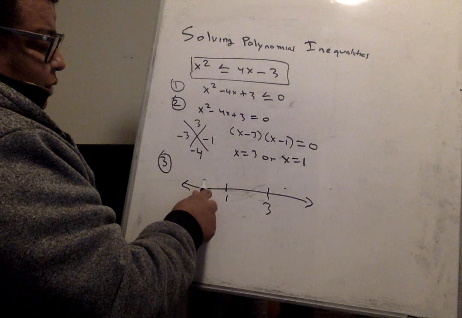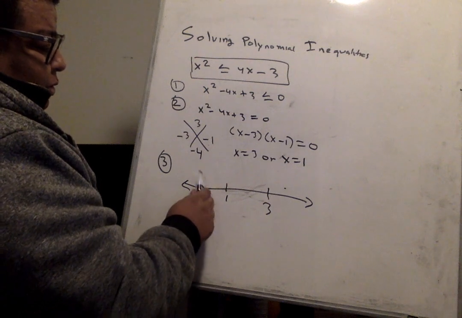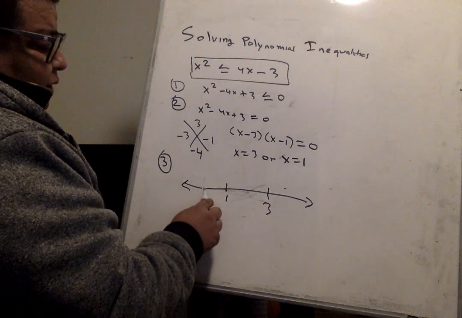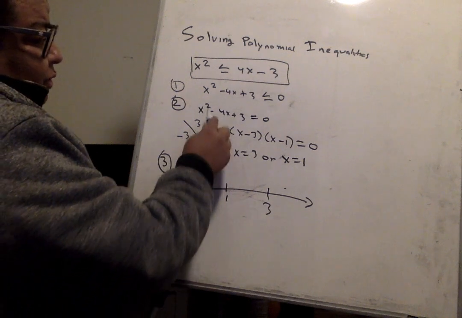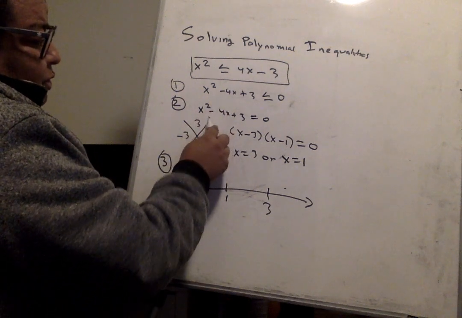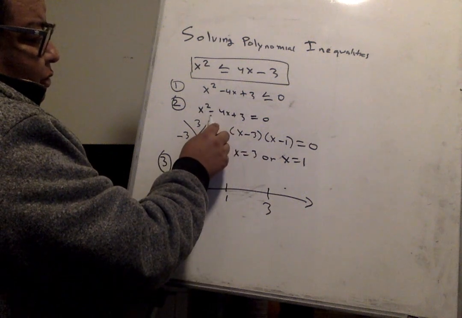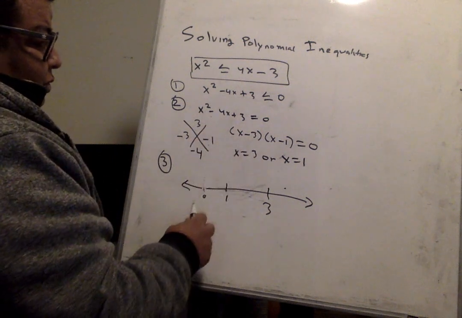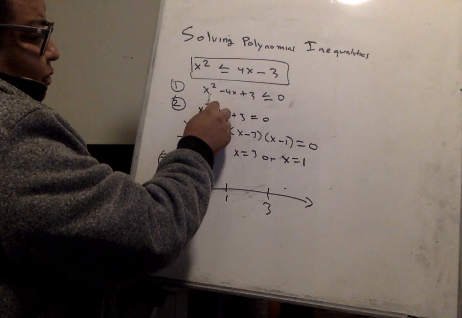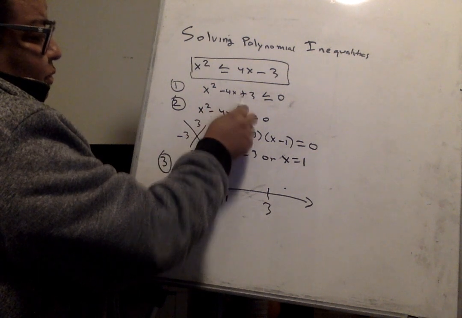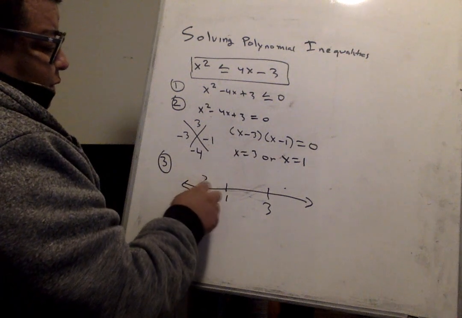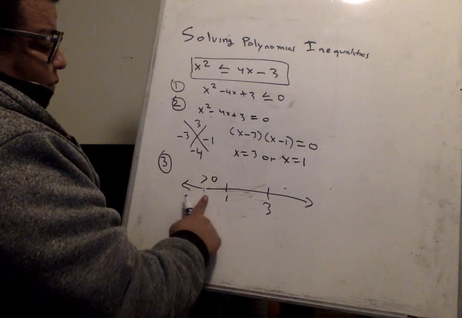If we choose a point here, we can choose a test point, which is 0. If I plug 0 into f of x, I will get 0 squared minus 4 times 0 plus 3, which is 3. So it's greater than 0.